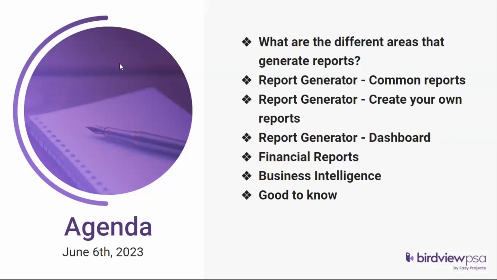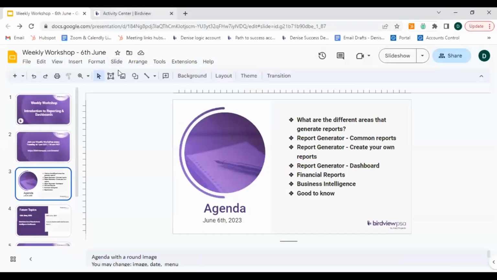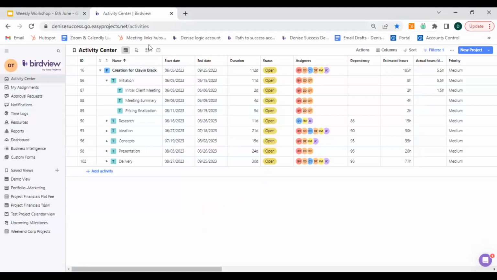All right, so I'm going to jump to my demo account here. So what are the different areas that generate reports within the system? The first one is the very obvious reports tab that we have right here, where you can look at common reports. You can even customize your reports through the reports tab.